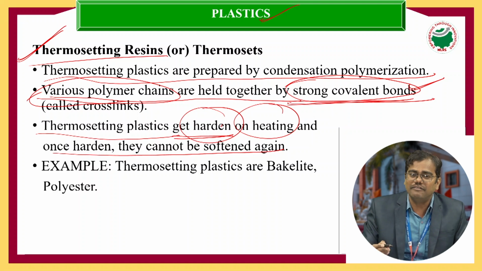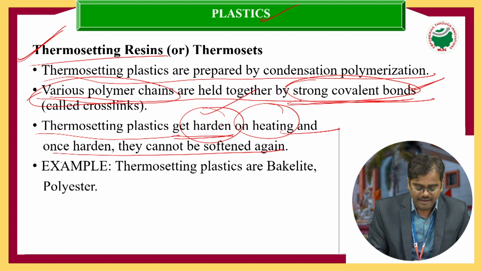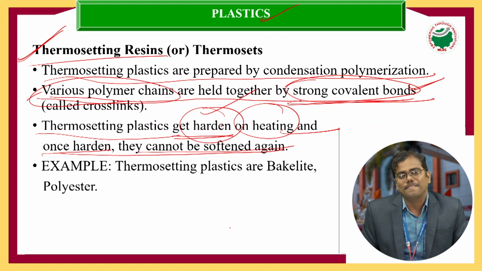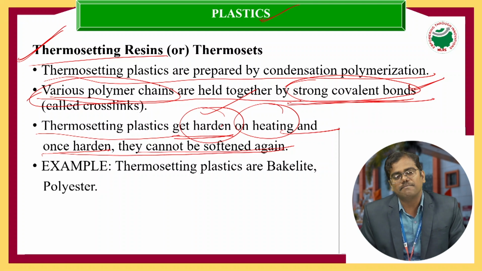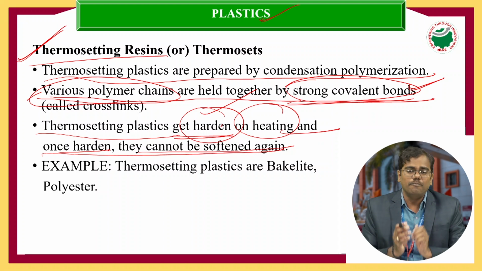By applying heat or temperature, these thermosetting resins get hard, but they cannot be softened by further heating. During the heating process these materials become very hard, and once hardened, they cannot be softened again. We cannot convert them back into soft. That's why these thermosetting plastics are very strong, very hard, and very tough polymers.